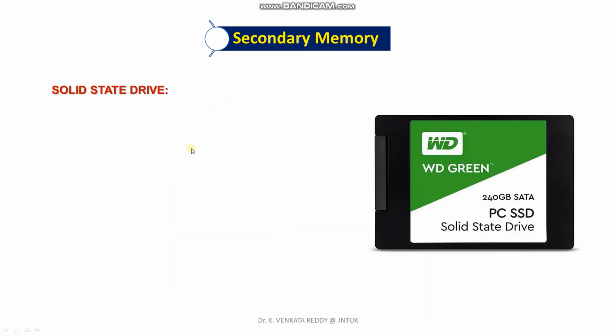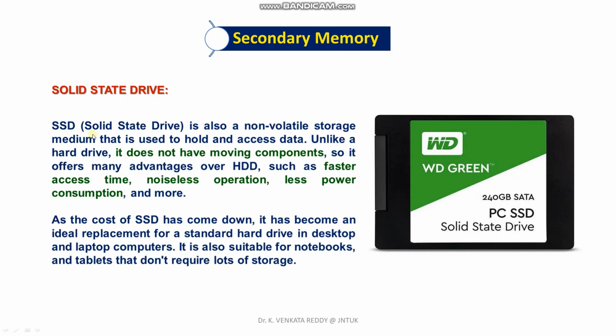The other type of secondary memories are solid state drives. The solid state drives are made up of solid state devices, and unlike hard disk drives, they do not have any moving parts, and hence have several advantages such as faster access time, noiseless operation, and less power consumption when compared to conventional hard disk drives.